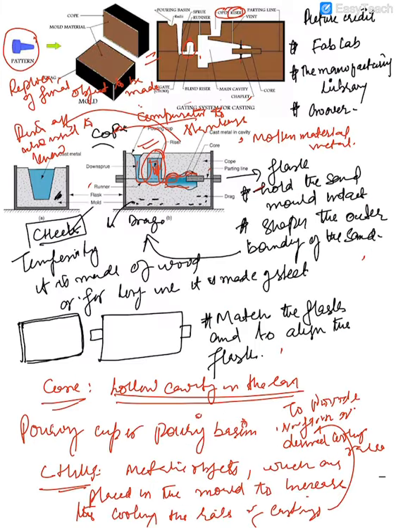Moreover, we can also see from this figure that we now know about the cope, the upper part of the flask, and the drag, the lower part of the flask, and the mold material, which can be sand. We know about the runners, risers, gating design, pouring basin, parting line, and vent. The vent is used to let gases pass out of the casting.